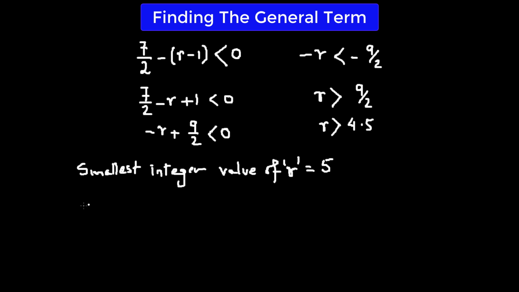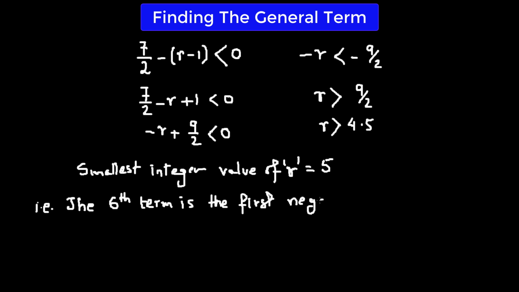So this would mean that the sixth term is the first negative. Let's find out the value.